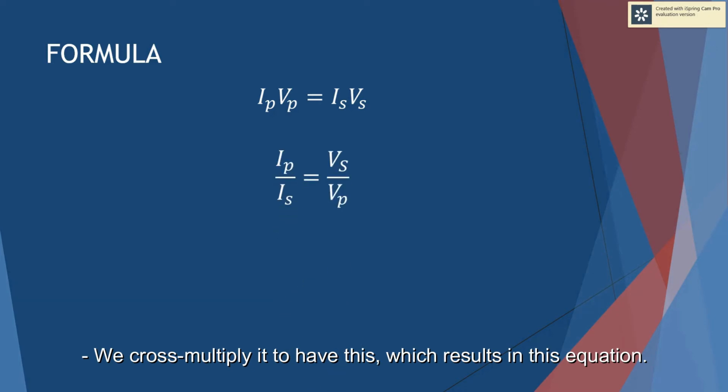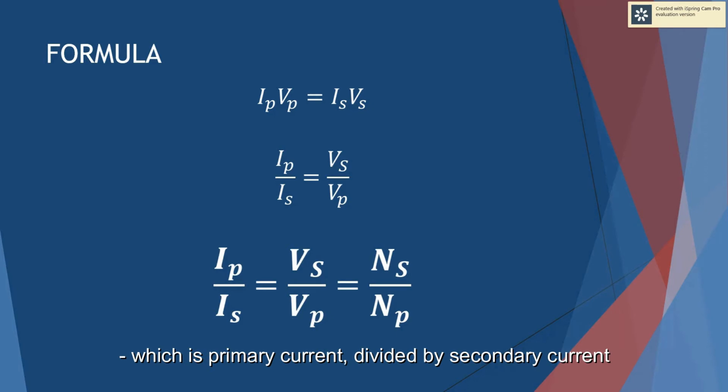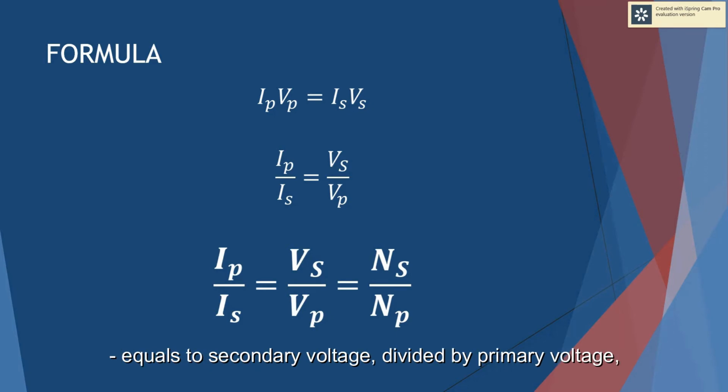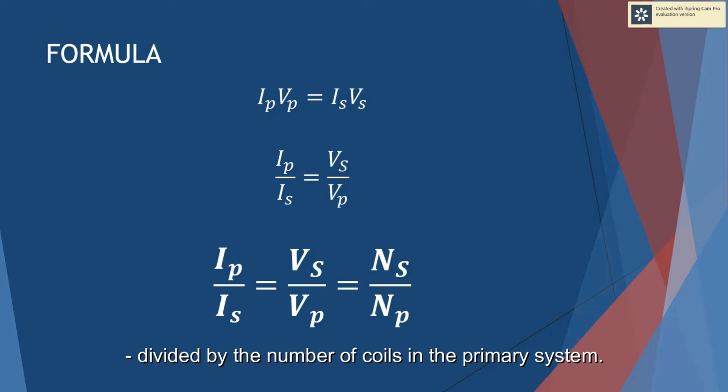We cross multiply it to have this equation, which is primary current divided by secondary current equals secondary voltage divided by primary voltage, also equals the number of coils in the secondary system divided by the number of coils in the primary system.